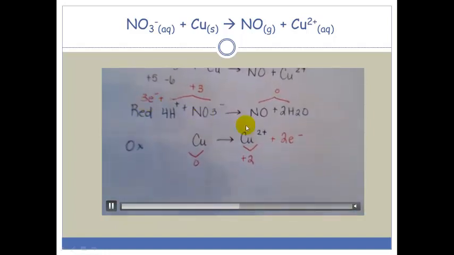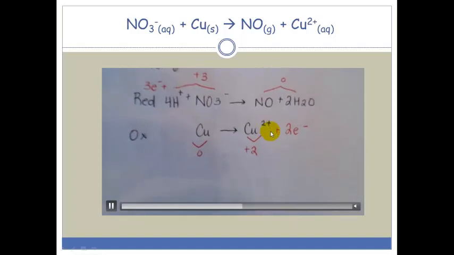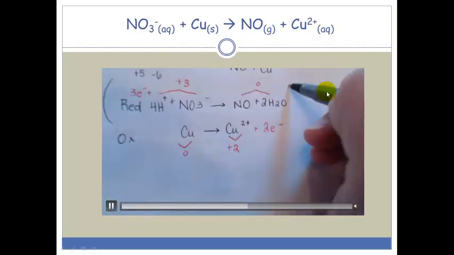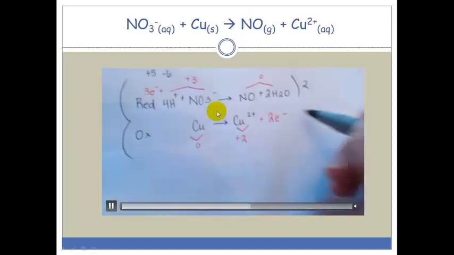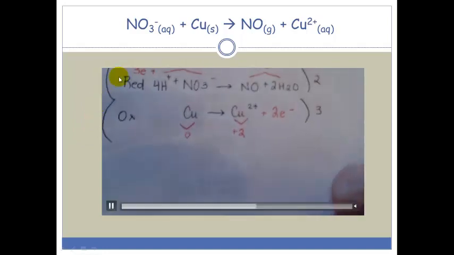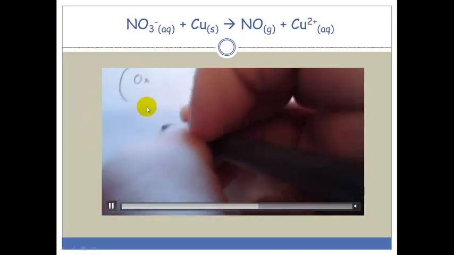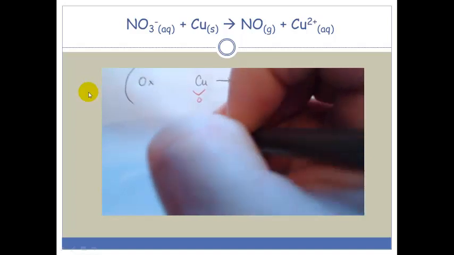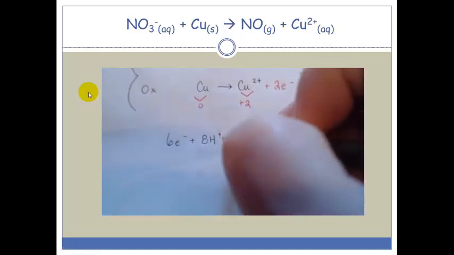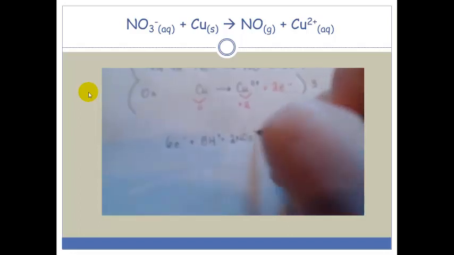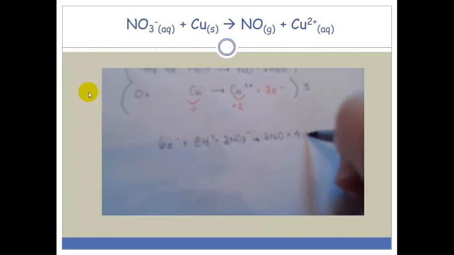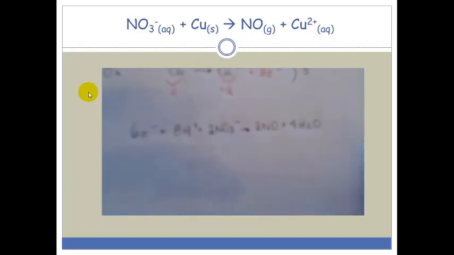The next step is to make the electrons equal. To do this, the lowest common denominator is 6. So we're going to multiply everything in this equation by 2 and everything in this equation by 3. And then we'll rewrite. So we get 6 electrons plus 8 hydrogen ions plus 2 nitrates goes to 2 nitrogen monoxide plus 4 water.